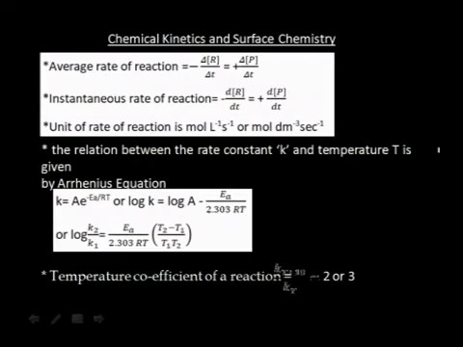The unit of rate of reaction is normally mole per liter per second or mole per decimeter cube per second. The relation between rate constant and temperature is given by the Arrhenius equation, K equals A e power minus Ea by RT, or the log form of that equation, log K equals log A minus Ea by 2.303 RT.